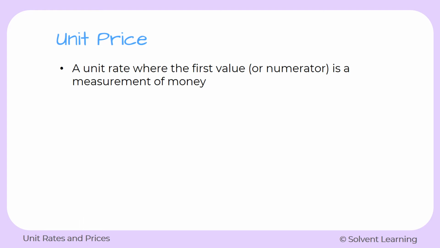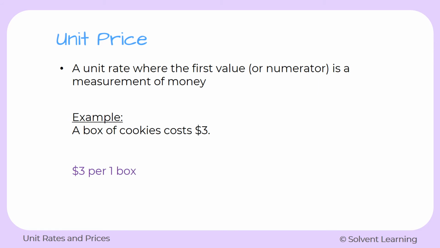Next, we have unit price. So unit price is a type of unit rate where the first value, or the numerator, is a measurement of money. But since it is still a unit rate, the second value will be a 1. So for example, a box of cookies costs $3. Let's write this as a unit price.